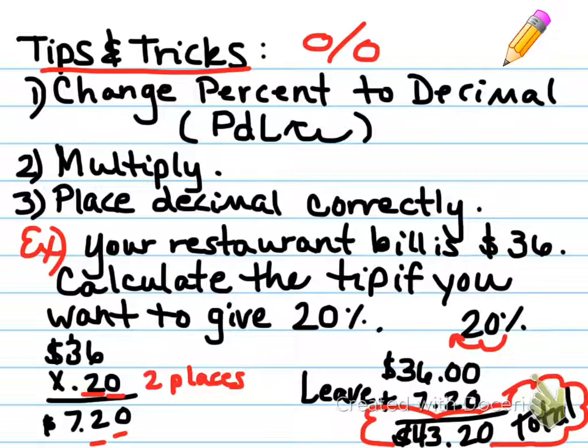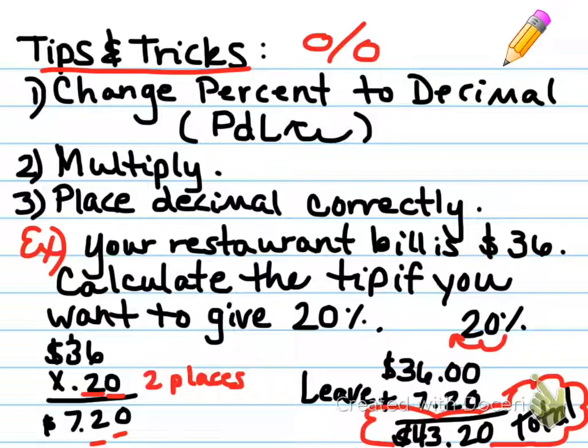Another type of example you might have is when you're in a restaurant, you need to pay tip to the waiter or waitress, so calculating tip is finding the percent of a number. And say your restaurant bill is $36 and you need to calculate a 20% tip. The 20% is changed to 0.20, and since I'm dealing with money, I did not drop the 0 because I want to have 2 decimal places, again, because it's money.